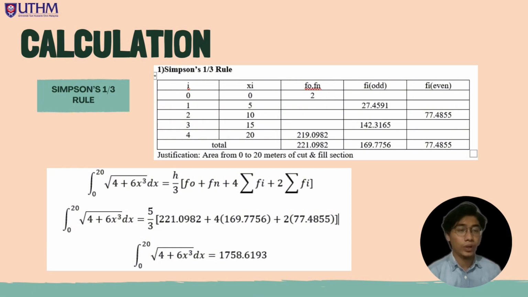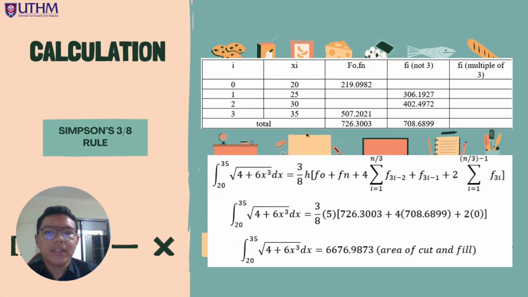And we have to total all the f of x, odd and even. Next, we use the formula for Simpson 1 over 3 rule, and we got the answer 1758.6193.